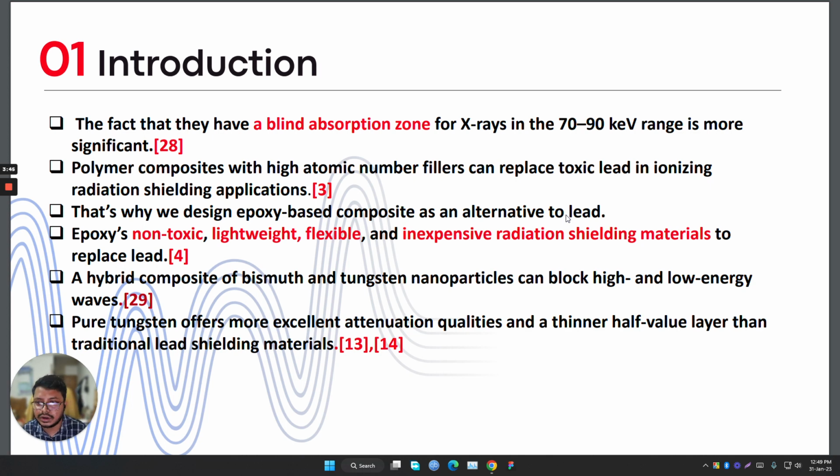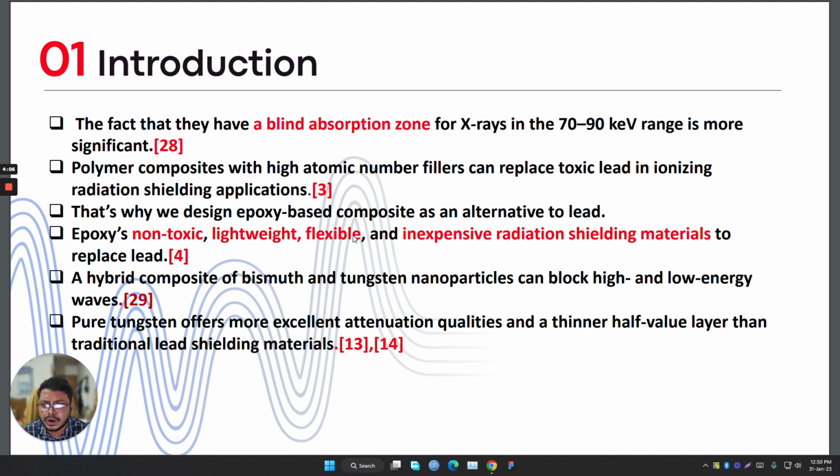Then one question has come to all of your minds: why do we choose epoxy resin based composite? I will tell you why. Because epoxy is a non-toxic, lightweight, flexible, and inexpensive radiation shielding material to replace lead.